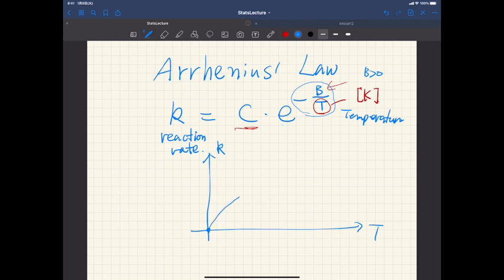But when temperature goes to infinity, this exponent becomes 0, so that is exponential of 0, which is 1. So this reaction rate converges to some constant, which is C times 1, so it will converge to C. So this is clearly a nonlinear function. It's not a straight line. It's curved.